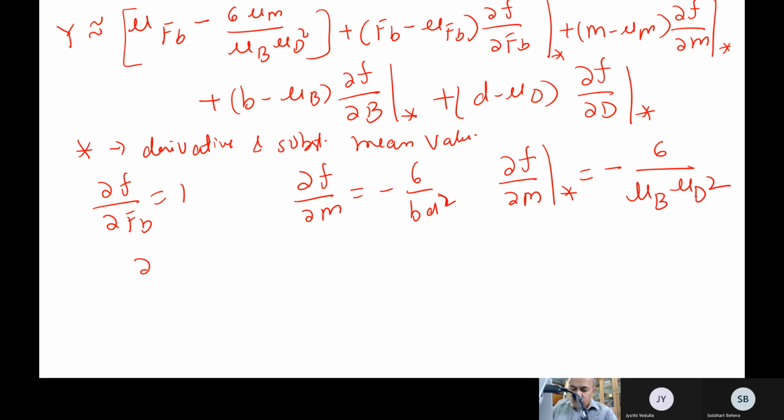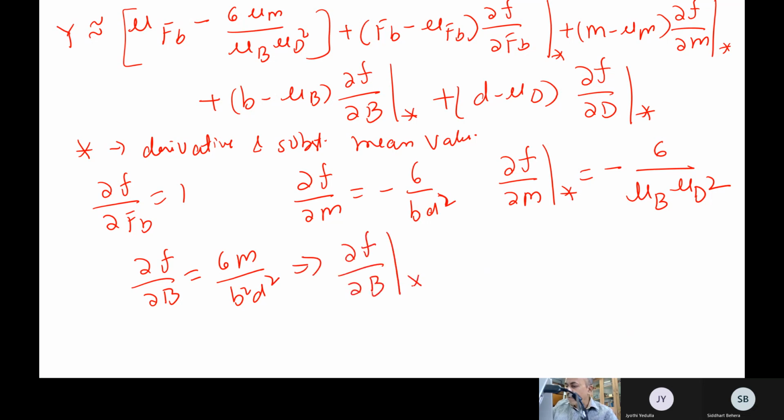Similarly dou F by dou B turns out to be 6M by B square D square, evaluated at the mean value, so 6 times mu of M by mu of B whole square and mu of D whole square. Then dou F by dou D you can also write, evaluated at the mean value, which turns out to be 12 times mu of M by mu B mu D cube.